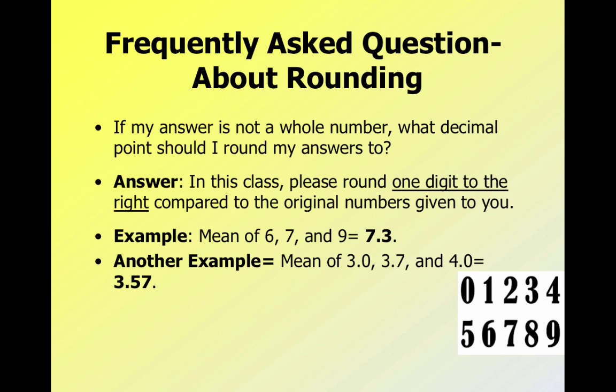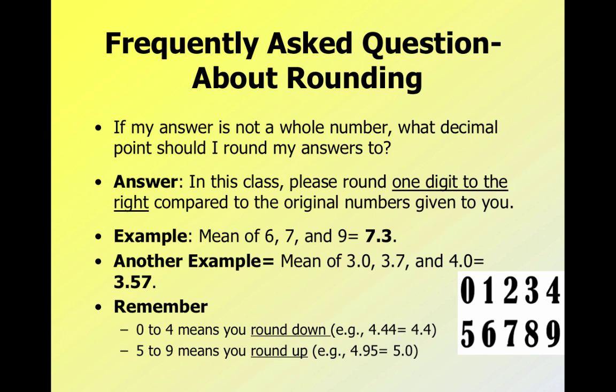I've given you whole numbers, so your answer should be 7.3. Another example, if I give you numbers 3.0, 3.7, 4.0, your final answer should be 3.57. Remember, when it comes to rounding, if your last number is 0 to 4, it means you round down. 5 to 9, it means you round up. Here are some examples.